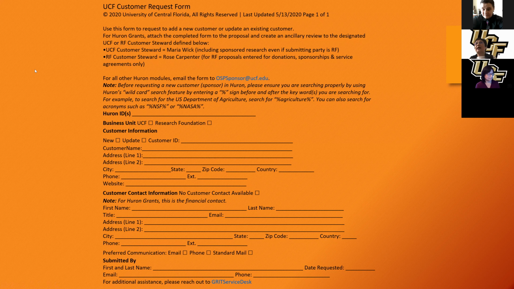I know it's just general information on how we set it up in PeopleSoft, but there are still some other steps that we do in PeopleSoft. But for the initial requirements, this is the information that we need. Esther? Well, the most important thing we have here is that Huron ID number.